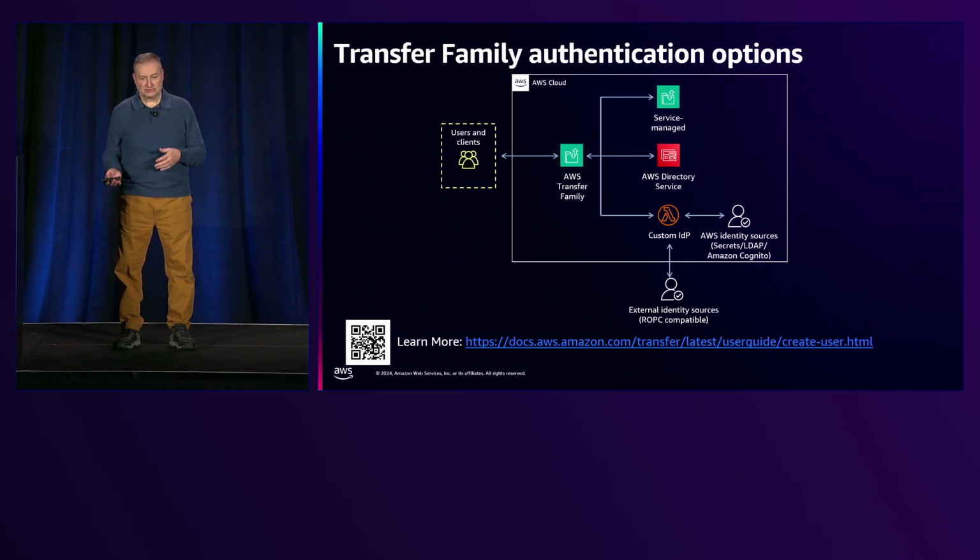You can use Managed ID if you host your Active Directory in AWS, or you can use AD Connector to connect to your Active Directory on premises. We offer also a custom authentication option that uses Lambda to authenticate to external IdPs. And that could be almost everything, from Entra ID, Microsoft Active Directory, Amazon Cognito, etc.